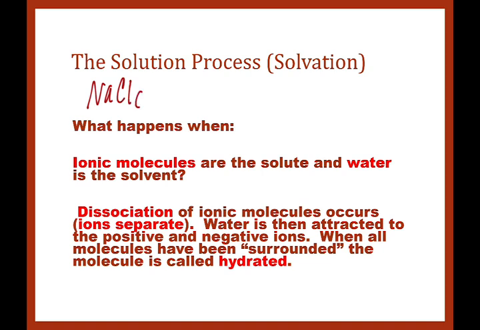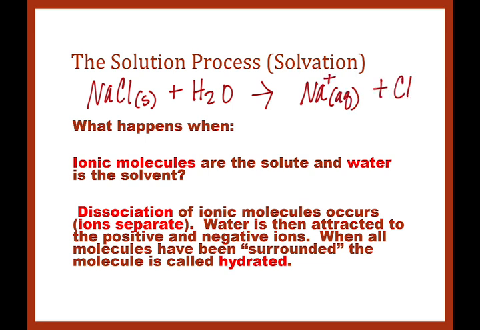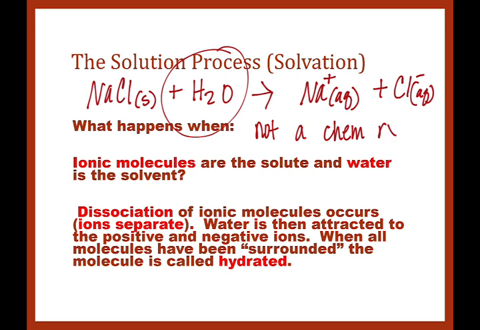If I were to add that sodium chloride and I put it into water, now this is not a chemical reaction, I just want to show you what happens, is the Na becomes aqueous and the chlorine becomes aqueous, okay? So I'm going to circle that water just so we're showing you that that's what we did, is we added it to it, but this is not a chemical reaction, so I don't want you to think that it is. I'm just kind of showing you what happens, okay?